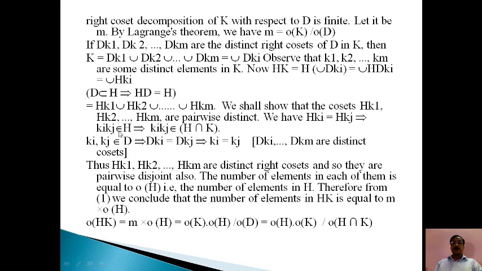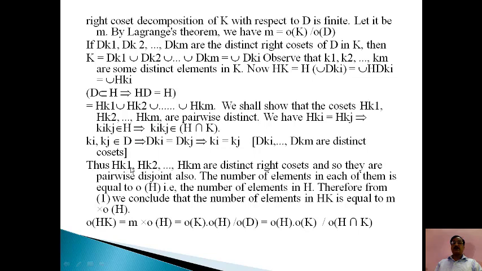This implies ki kj inverse belongs to H. This means ki kj inverse belongs to H intersection K, so ki kj inverse belongs to D. This implies D ki equal to D kj. But Dk1, Dk2 and so on Dkm are distinct cosets, so we have ki equal to kj.